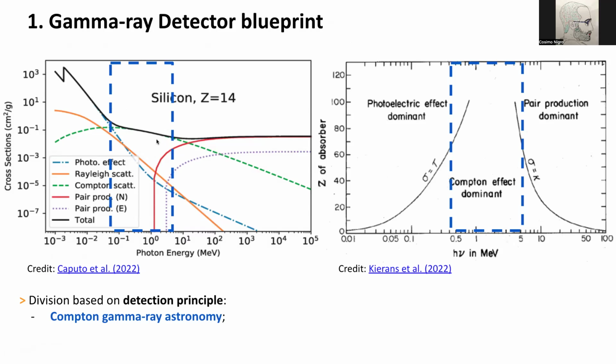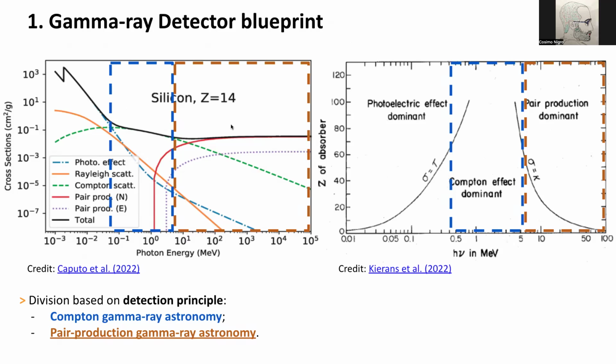So we can exploit this to have, let's say, what we could call Compton gamma ray astronomy. And then at higher energies, let's say above tens or hundreds of MeV, we have pair production. So we have pair production gamma ray astronomy, which will actually be the focus of this talk. And here on the right, you have the same plot, but on the y-axis, you have the atomic number of the absorber.